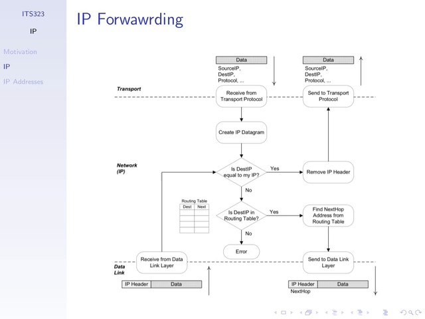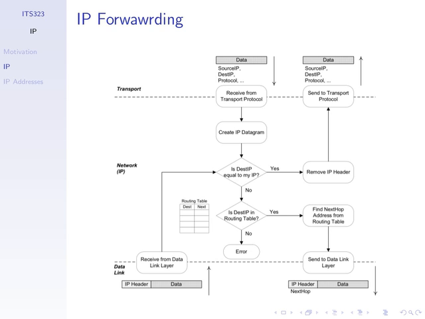IP creates an IP datagram which looks like this, well, conceptually. That is, IP takes the data that it receives, creates a header, fills in the fields of the header with the appropriate values, and then the next step is that we compare the destination IP address, 11, with our IP address.